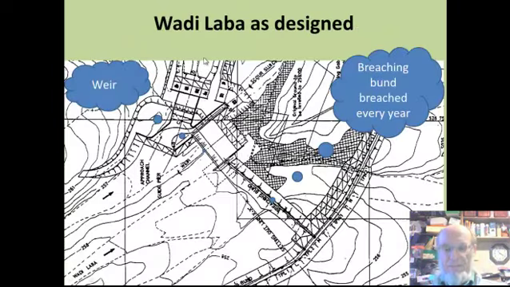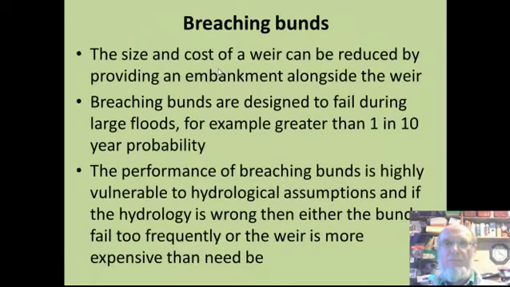Breaching bunds. These are often used to reduce the size and cost of a weir, because by producing an embankment alongside a weir as an effective extension, you can reduce the weir itself.